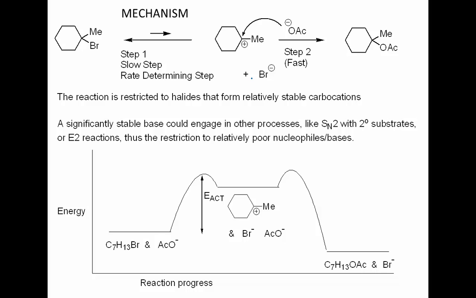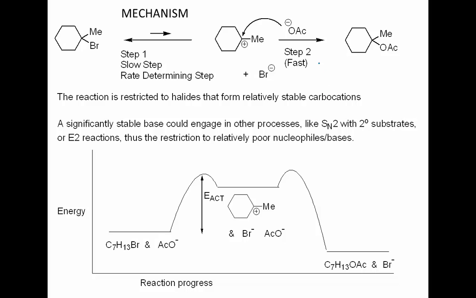Okay, this is understandably going to be a slow step because we take a situation where everything is bonded and has octets and produce intermediates that don't have enough electrons. So this is kind of a relatively hard thing to do.